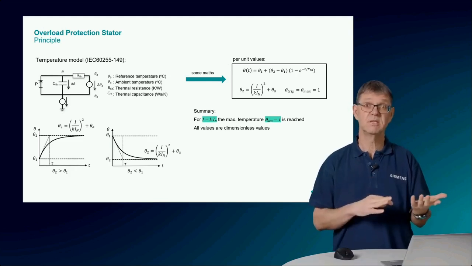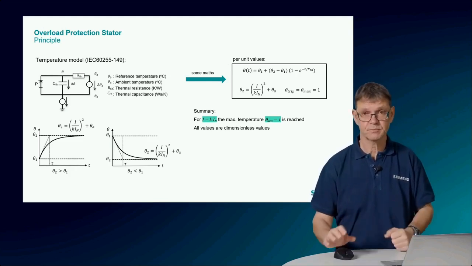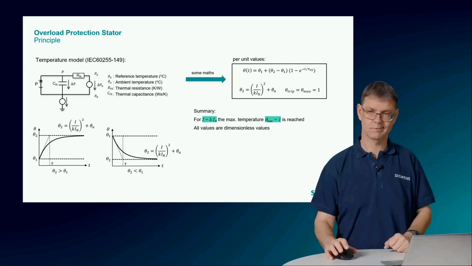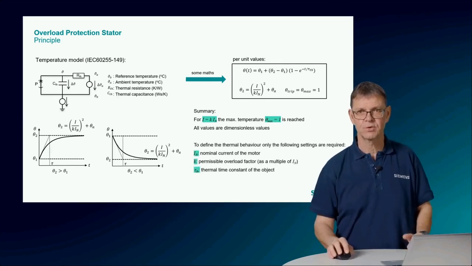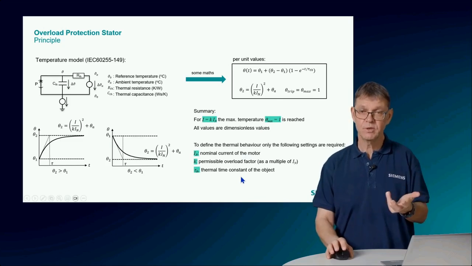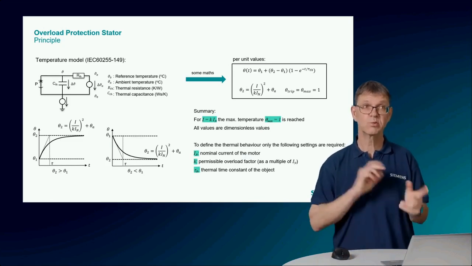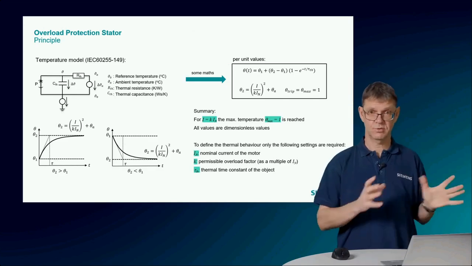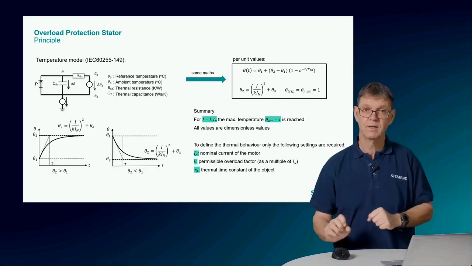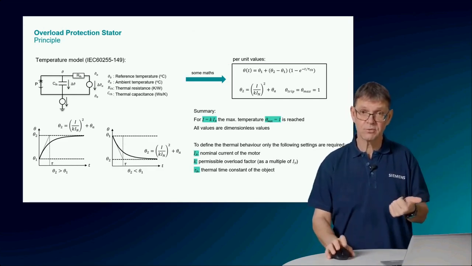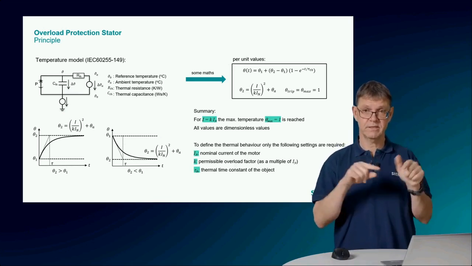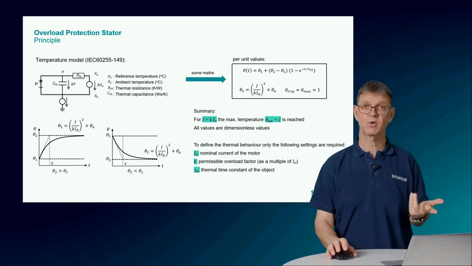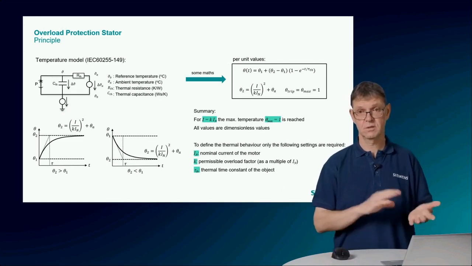In reality, we see percent values, but it's like a fraction. And to define the behavior, we need just a few inputs to tune the model to the real existing motor. This is the nominal current of the motor, the permissible overload factor, this K times IN, and the thermal time constant for the whole thing.